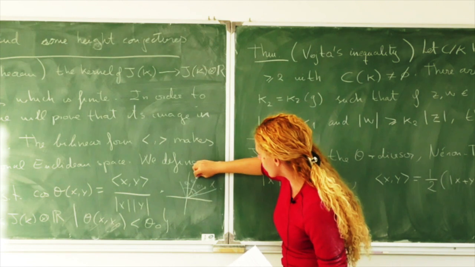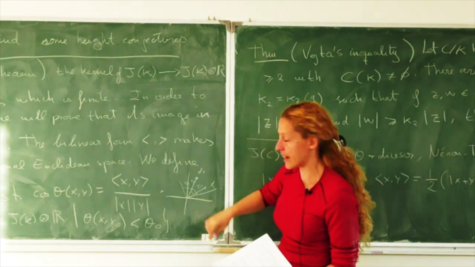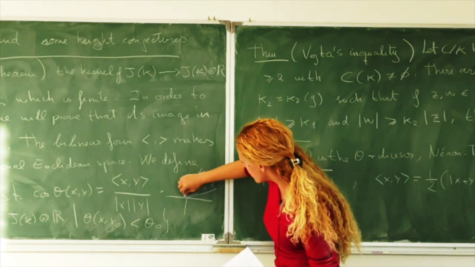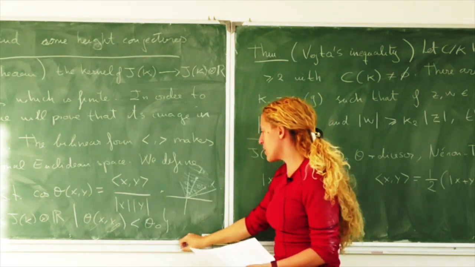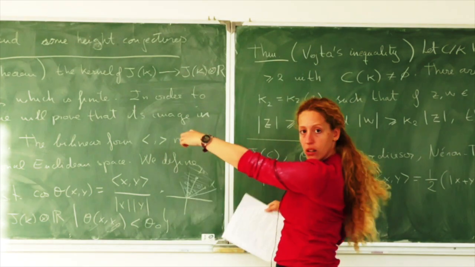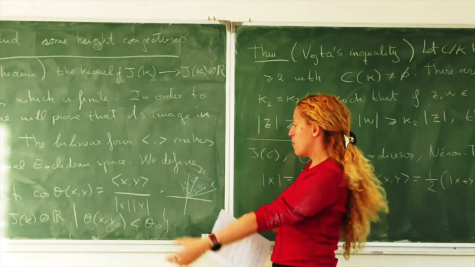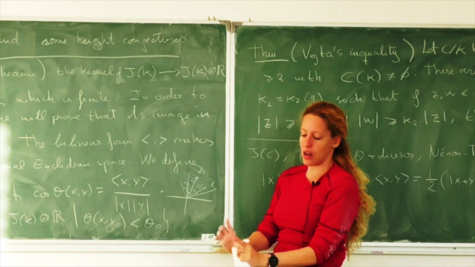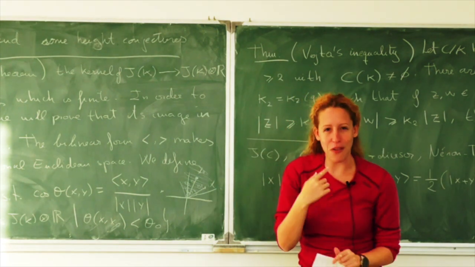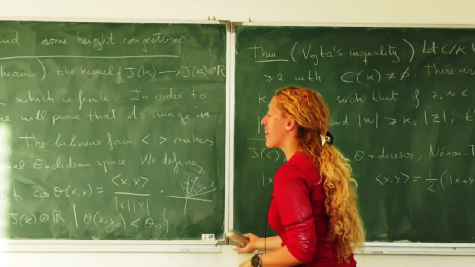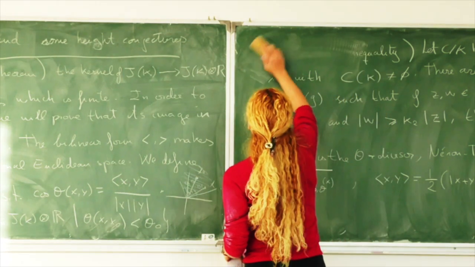Because I fixed this point x0, this cone is just this. It's really like an angle because I did it in two dimensions, but you can think in three dimensions, where you have a cone. Everything that is in this angle. It's good to have intuition, you will see why. Okay, so we have defined this angle and the cone.